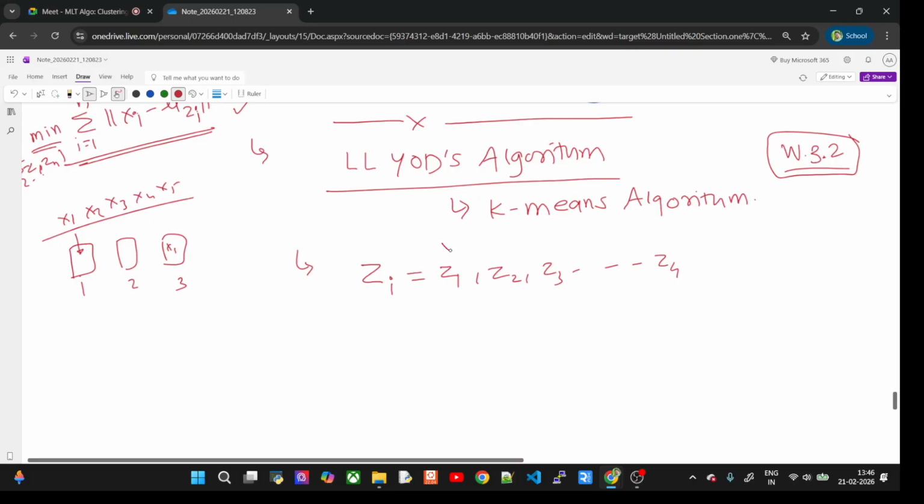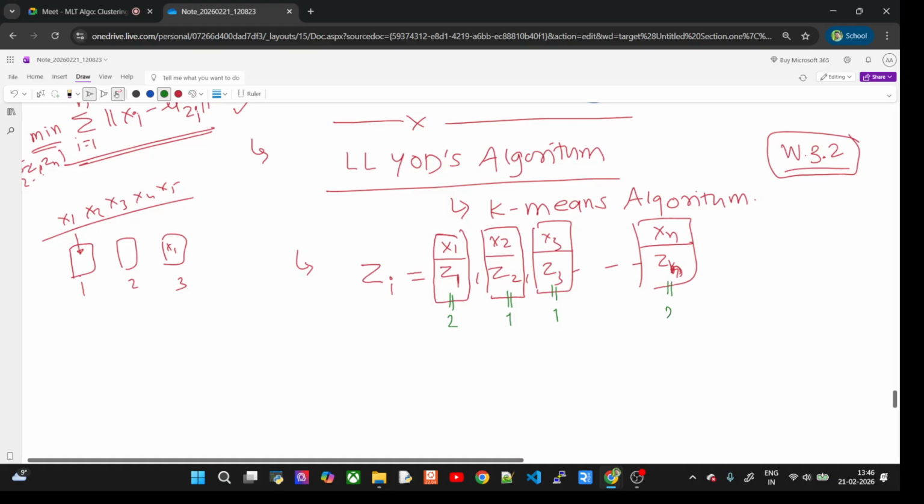It is saying that the x1 point has some cluster indicator called z1, the x2 point has some cluster indicator called z2, x3 also in the same way, and xn also has a zn cluster indicator. Maybe z1 is equal to 2, z2 equal to 1, z3 equal to 1, zn equal to 2, if I am having k equal to 2 clusters only. Okay, this is the example.